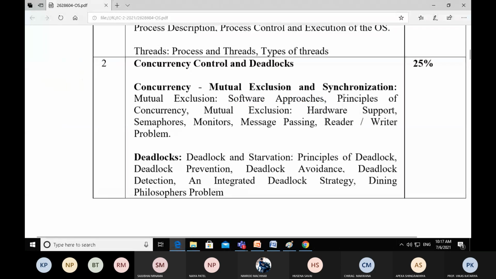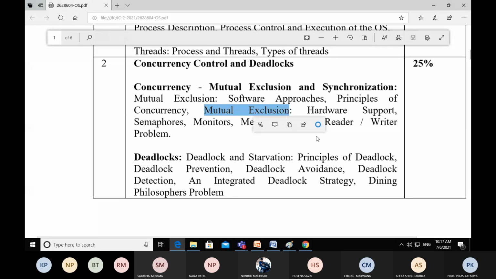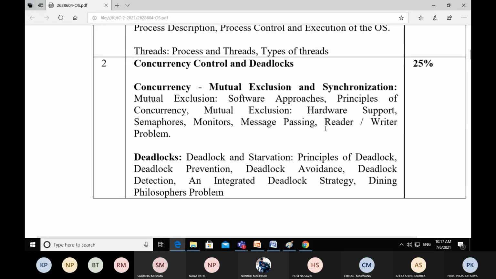In the software approach, we should know the principle of concurrency, which we have discussed. We have discussed mutual exclusion. Hardware support and semaphore we have already discussed. Monitor and message passing is another approach we will discuss in the next session.